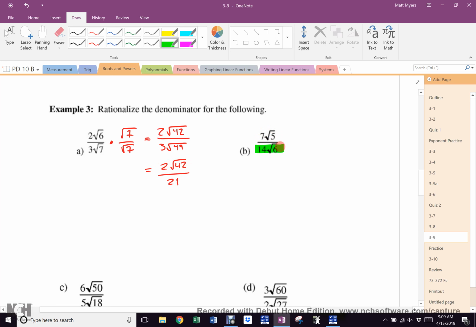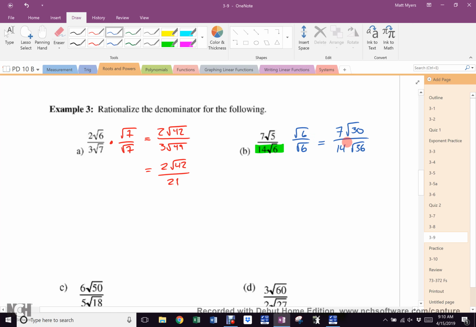What am I trying to eliminate down there? Just the root 6. So do I need to multiply by 14? No. I'm going to multiply by root 6 over root 6, which is really what value? 1. So I'm not changing anything, am I? So what do I get in the numerator? 7 root 30 over 14. Now, remember, I'm actually writing it out because I'm the math teacher. 14 root 36. Which we know is 6, right?